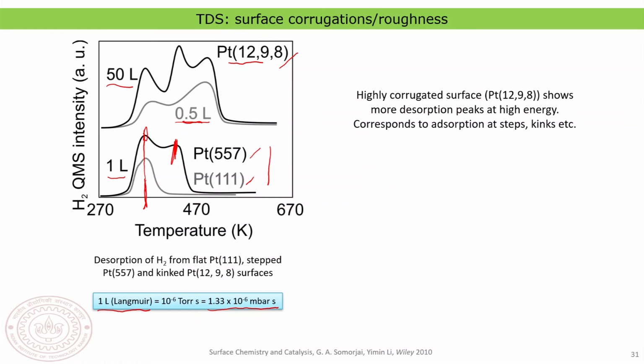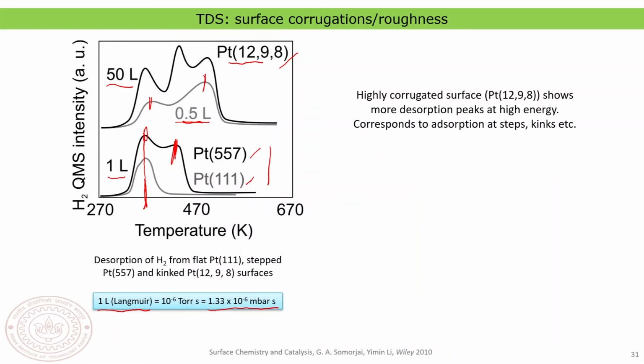At 0.5 Langmuir, you find one peak corresponding to the adsorption from the terrace, because it is similar to what you have seen for the platinum 111 and platinum 557. But there is something at a much higher energy, a much higher desorption temperature, meaning a much higher adsorption energy.